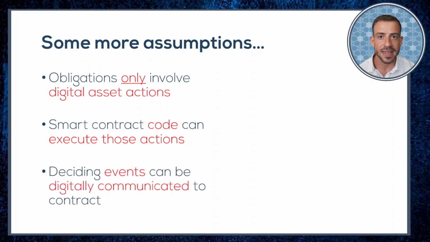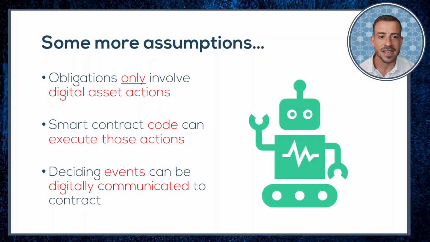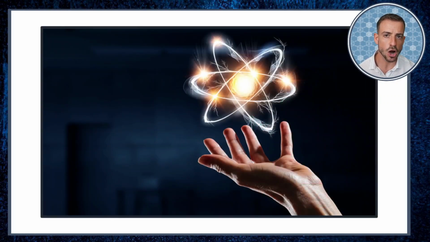And finally, that the events deciding the status of the contract can be digitally communicated to it. Then we do get a true smart contract that is fully self-verifying and self-executing. And this gives us something that has never before been possible in the history of humanity. A contract that is guaranteed by physics to be properly executed.